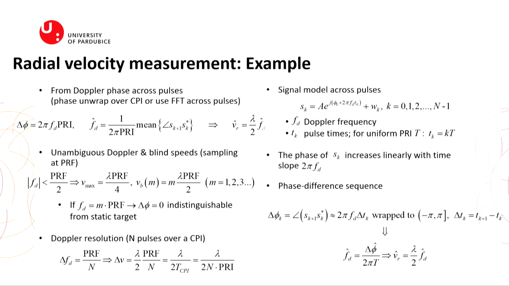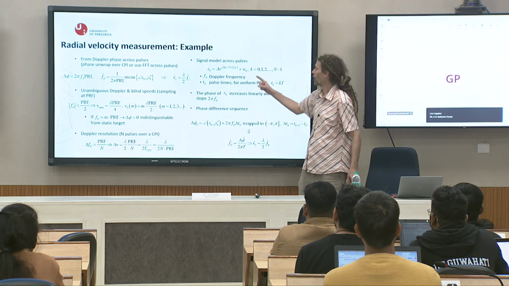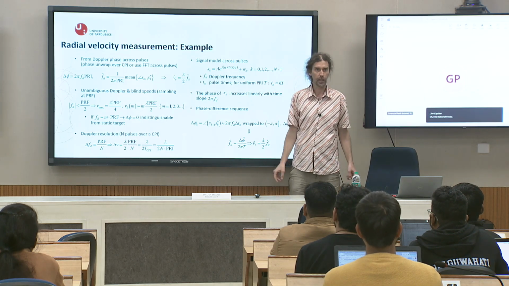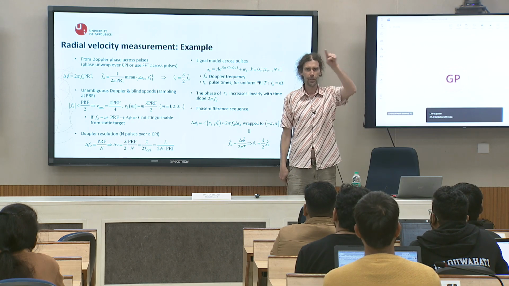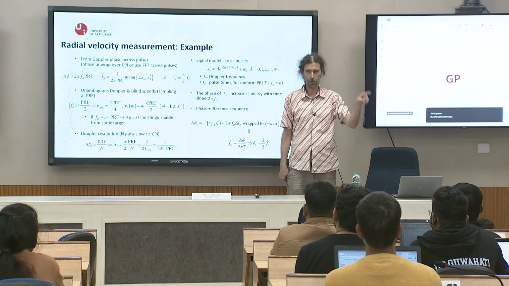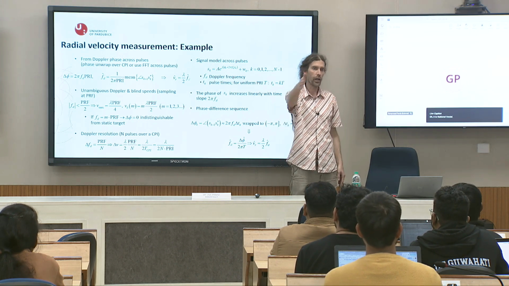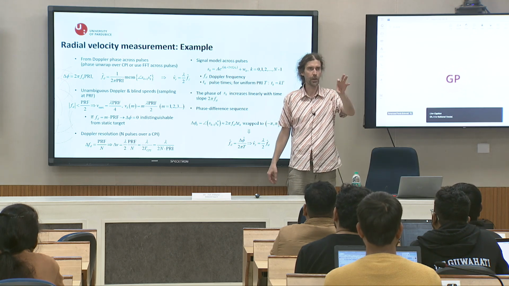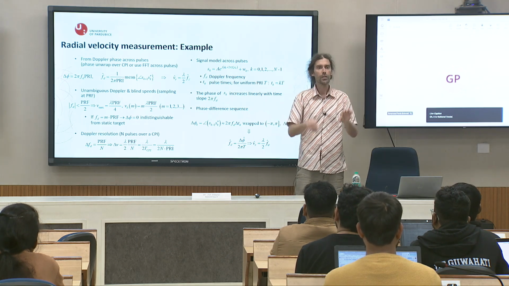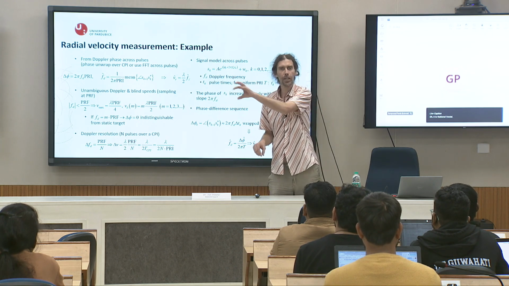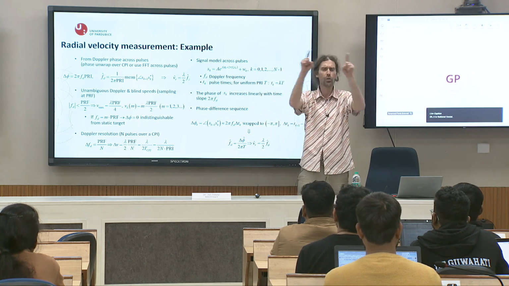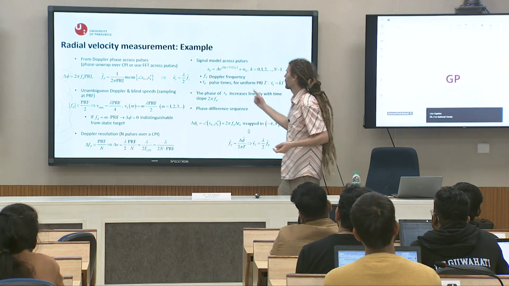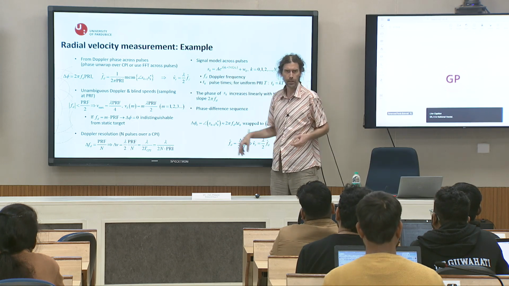The phase difference sequence will always be wrapped to minus pi to pi. Why? What is a complex exponential? A unit circle, if you remember. By Euler's equation, the complex exponential is cosine omega t plus j sine omega t. It is a unit circle, so we are always working with this.